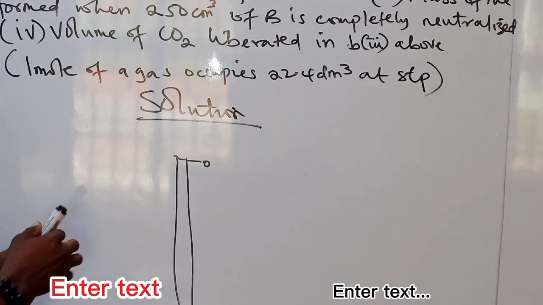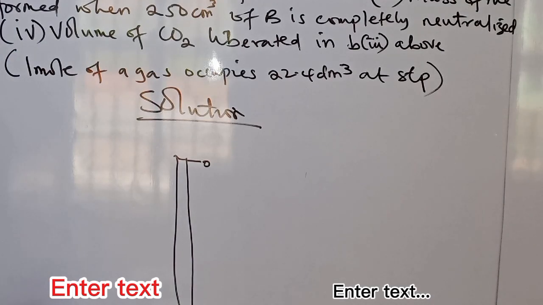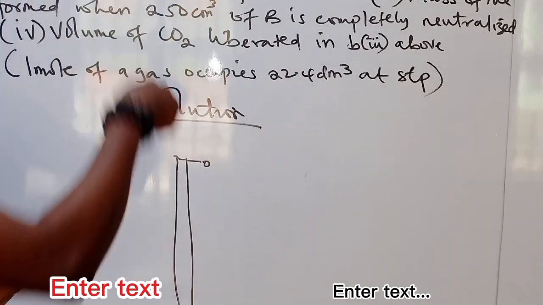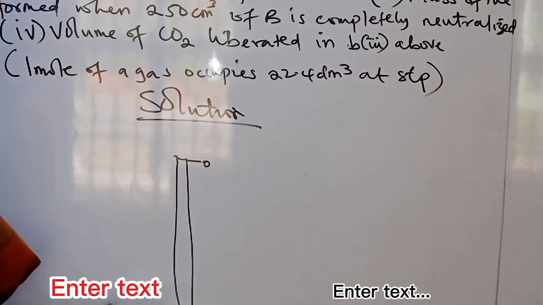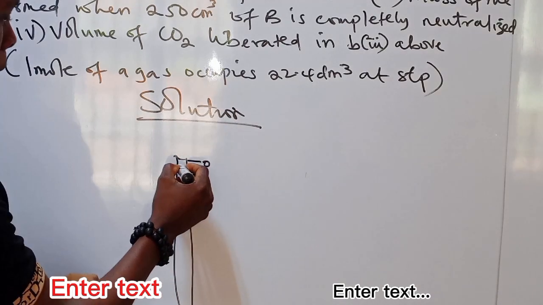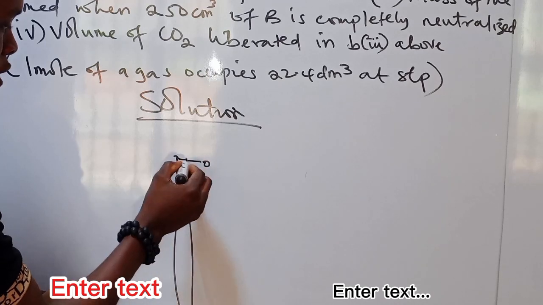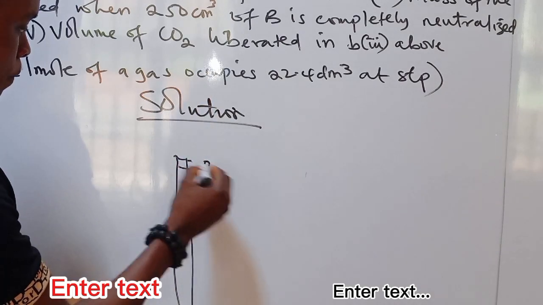So what you do is, you take your A, which is your tetraoxosulfate VI acid, then pour it into this your burette, which measures from 0 to 50. Make sure it's at the 0 mark.